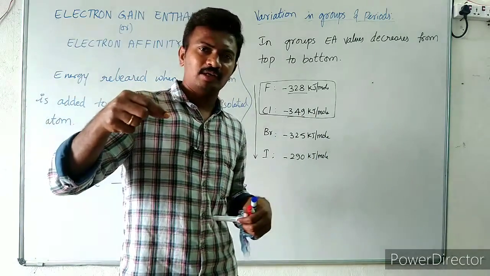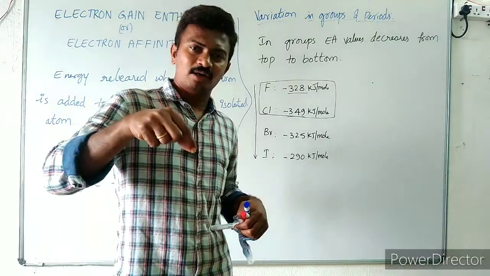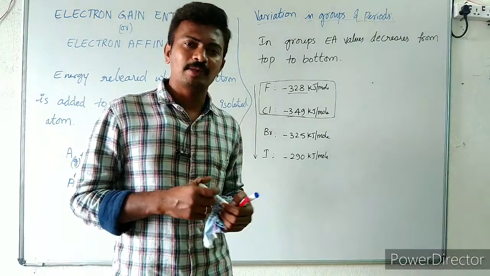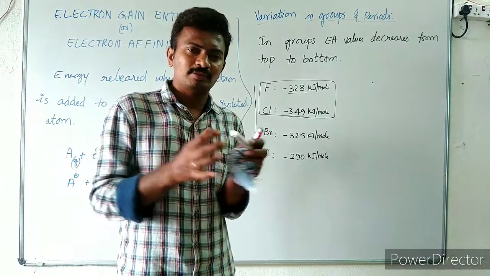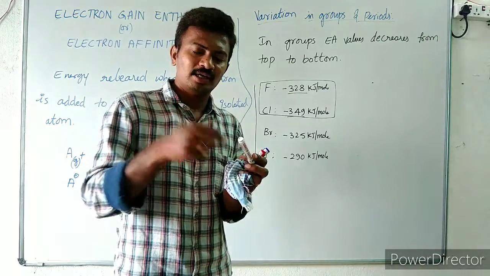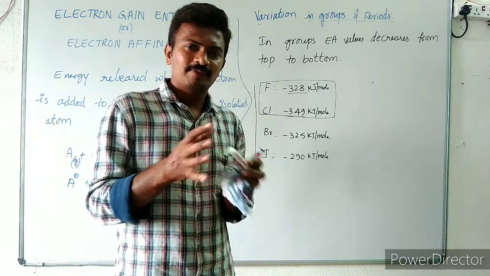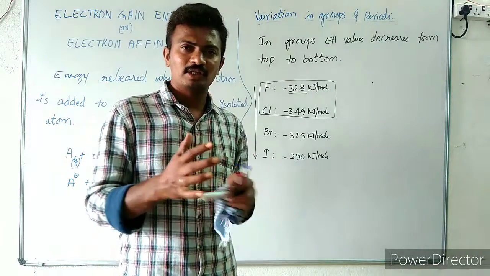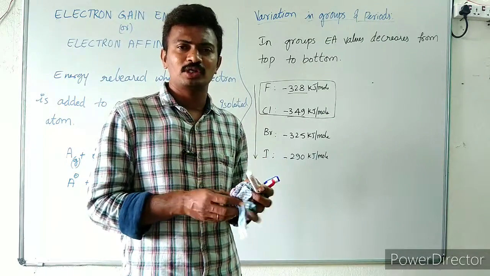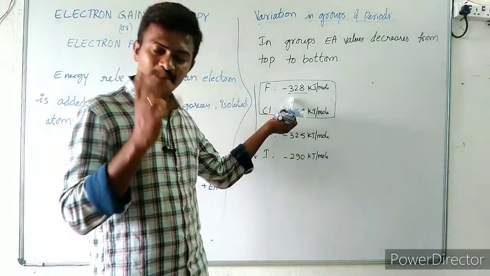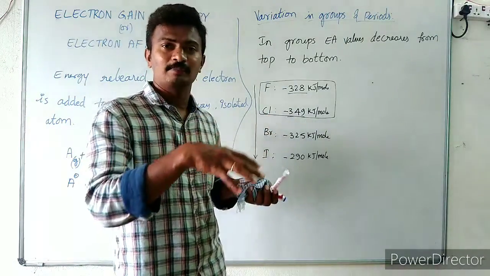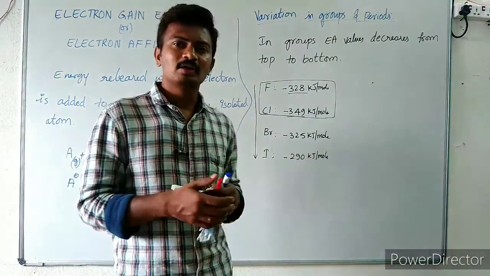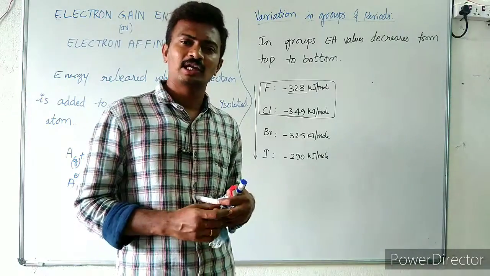So the next coming electron will not be preferred by that element, because it will be very tight to enter into that shell. Therefore there will be somewhat of a repulsion, and the amount of energy is not as expected. Somewhat less energy will be liberated.